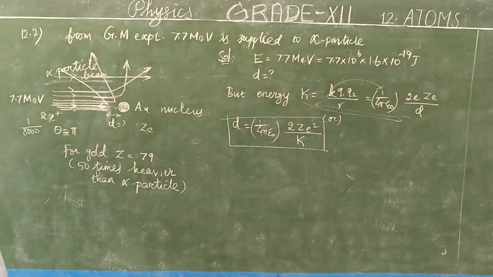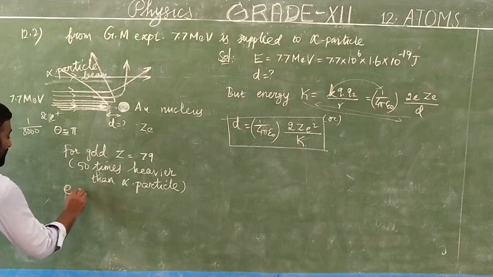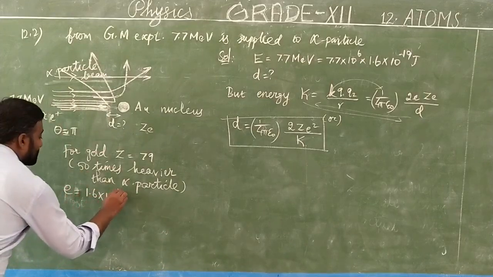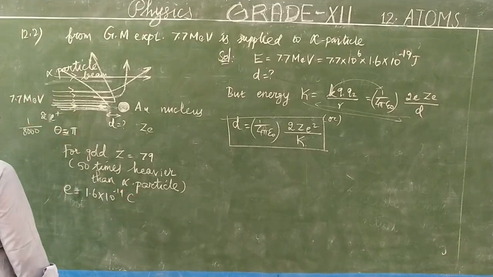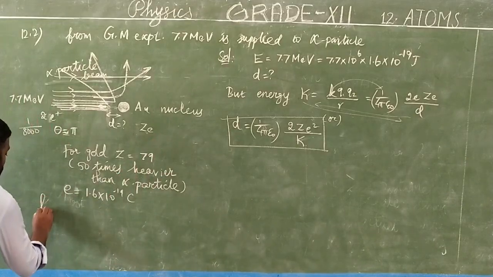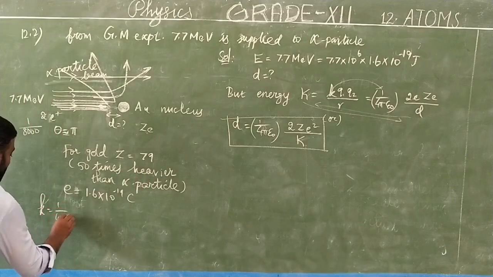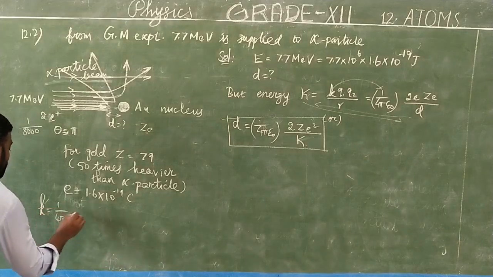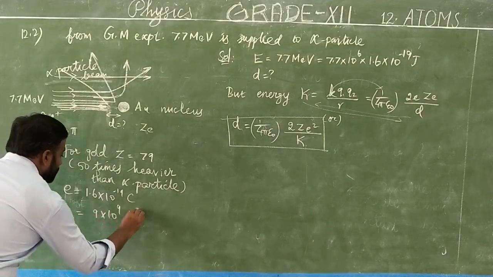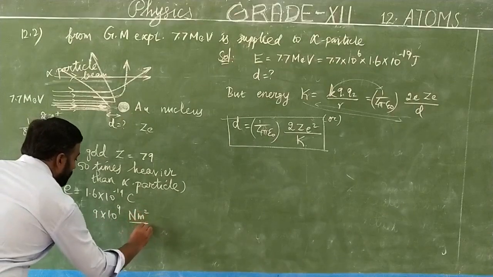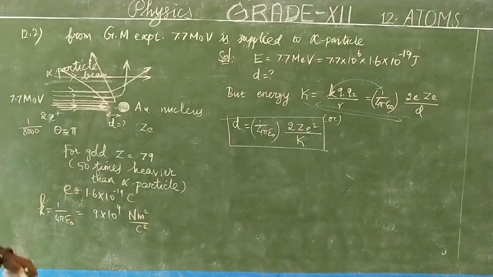And e is the charge of an electron. What is the charge of an electron? It is 1.6 into 10 raised to minus 19 coulomb. And 1 by 4 pi epsilon naught is the proportionality constant. So k is equal to 1 by 4 pi epsilon naught. This constant value we also know, that is 9 into 10 to the power 9 newton meter square per coulomb square. So substitute all the values.